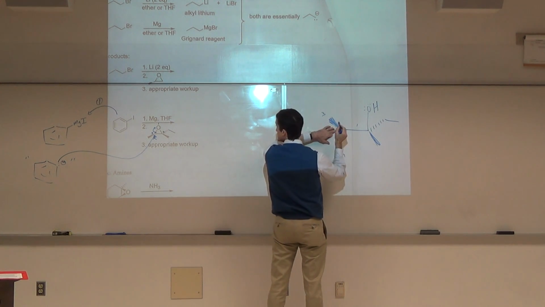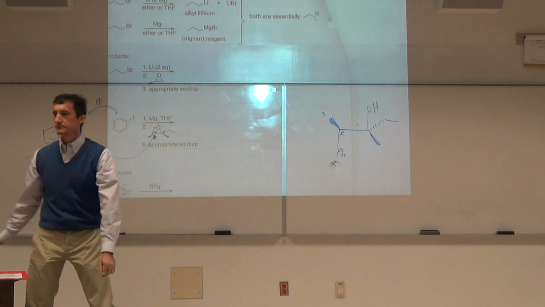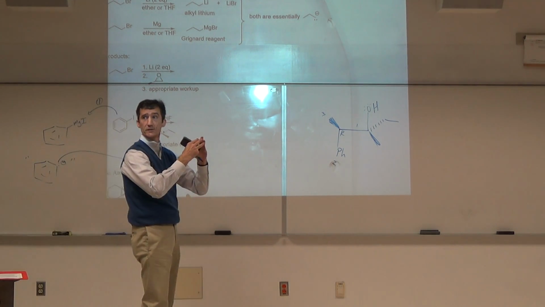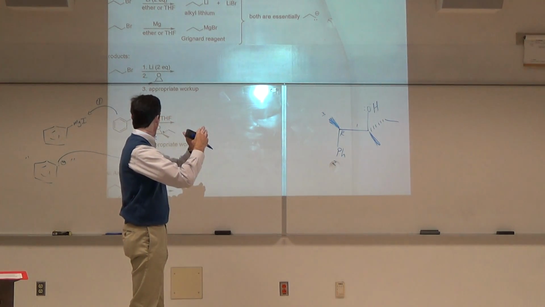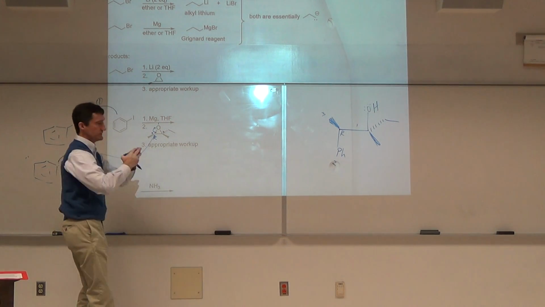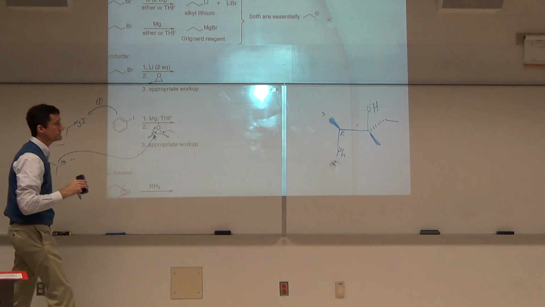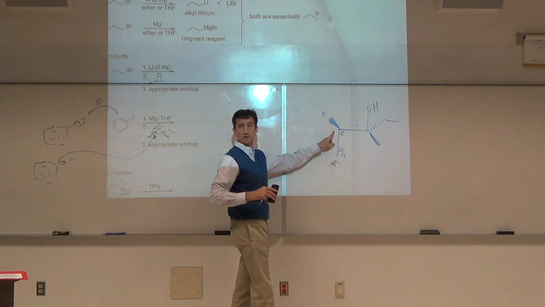H is in the back. What is this? R. See that we shouldn't have done that. Trust me, we did inversion. If you understand what inversion is, the only difference is we're coming in straight down, things just move straight up. If you have questions, ask. Okay? And this is the case, Jordan, I think, where the priority switched, and that's why it's still R.